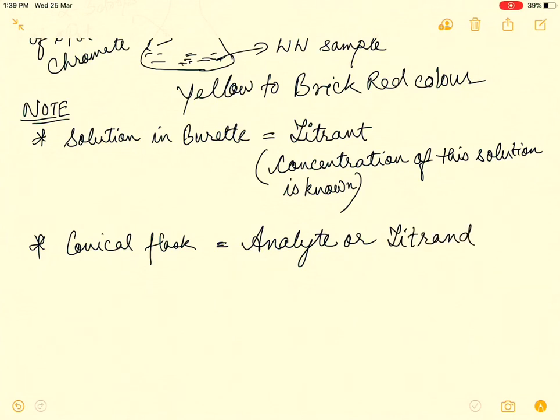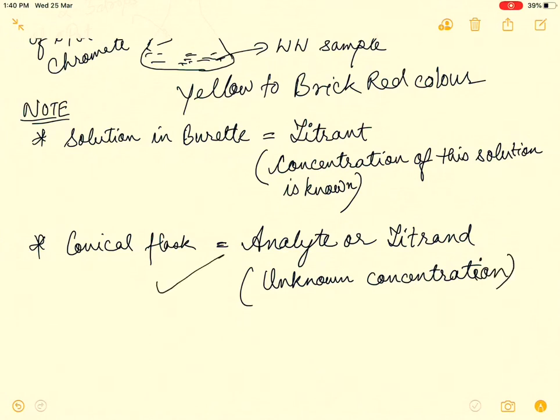It has unknown concentration. So we want to find the chloride content of the analyte. Analyte means the solution that we keep in the conical flask and whose concentration is not known.